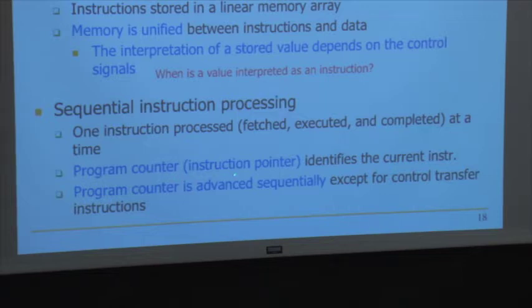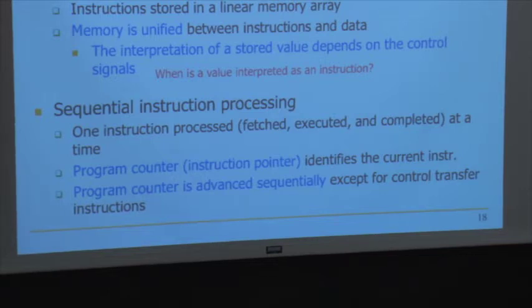And the program counter, the instruction pointer, identifies the current instruction. You already mentioned the program counter. But a better word for it is actually the instruction pointer. And Intel has been using instruction pointer nicely, I think. If you read the x86 manual, it's called the instruction pointer. It really points to the instruction, right? You're not really counting the program.